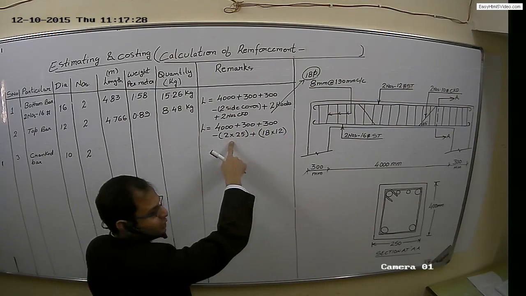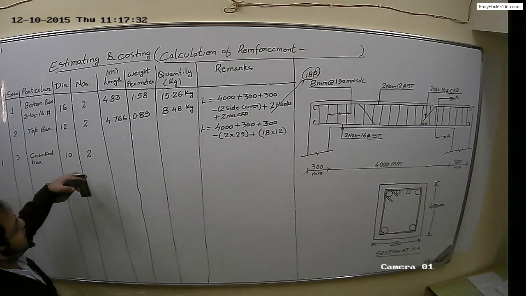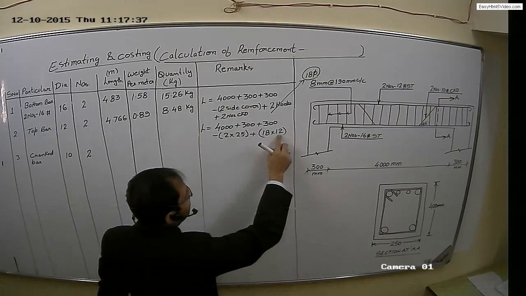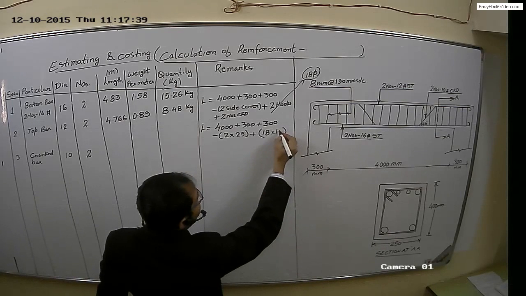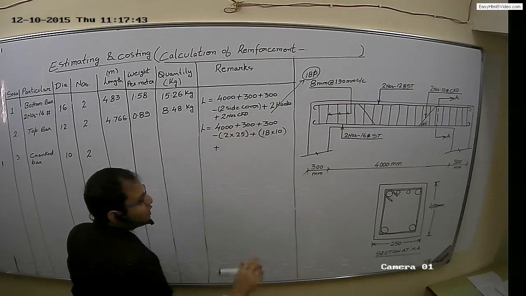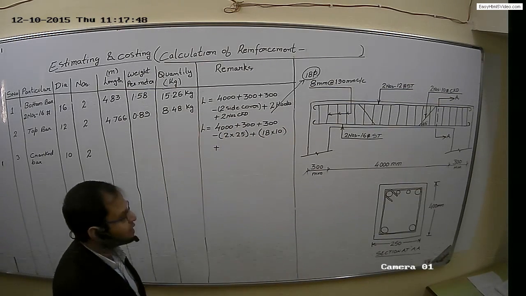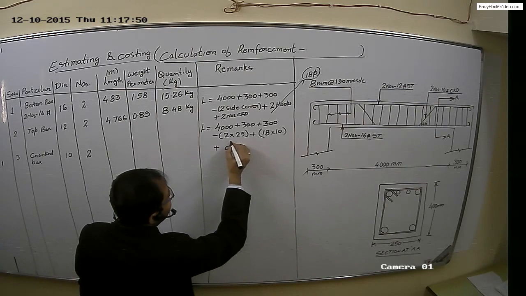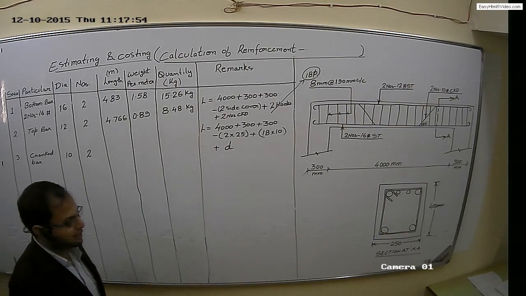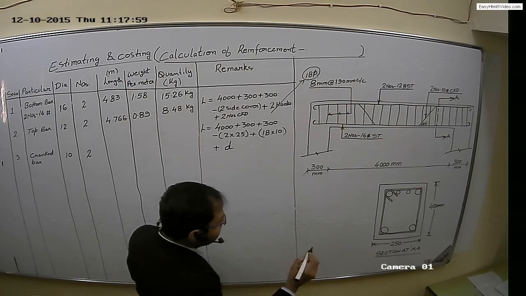Two side covers of 25 mm each, two hooks. Now this time the dia for hooks will be 10 mm. So we'll multiply 18 mm by this 10 mm. Okay? And apart from that, we'll add the length increment for two cranks, which is D. We have already seen previously that for two cranks we'll add the length of D.